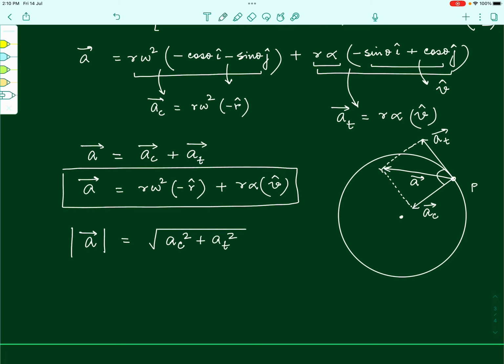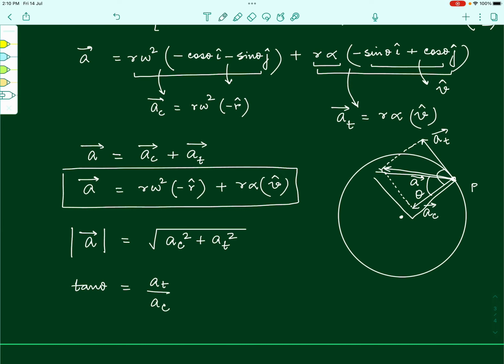Very important relation here. And we can also find the angle that vector A, the net acceleration vector, makes with either of the two component accelerations. Let's say theta is the angle that the vector A makes with the centripetal acceleration. Then from the same figure, can we write tan theta equals, for this particular triangle, the opposite by the base, which will be AT by AC.